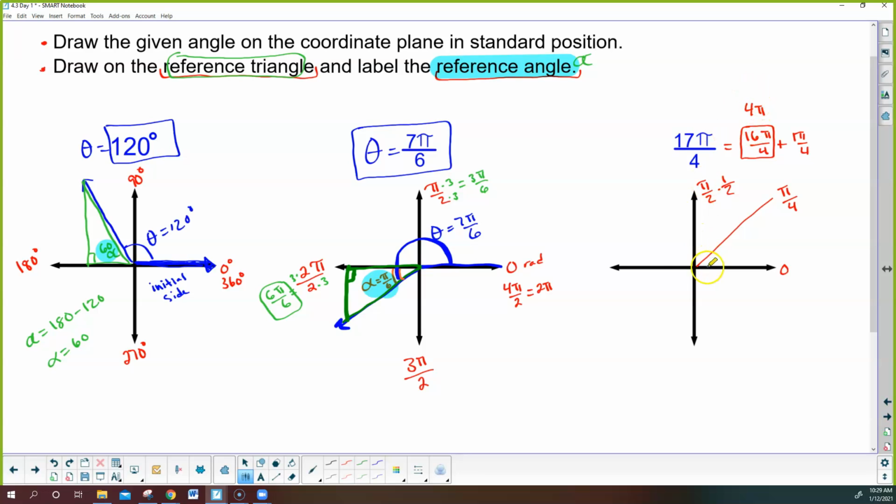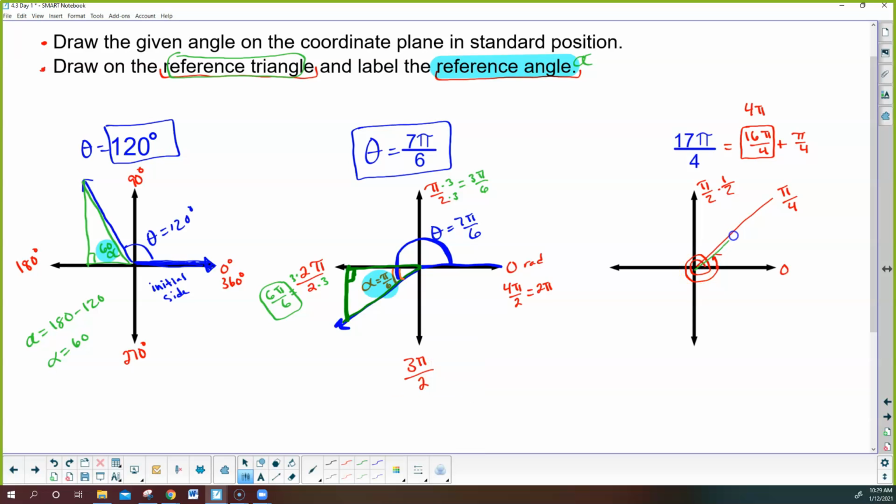And 4 pi is twice around the circle, because once around the circle is 2 pi. So if I go twice around the circle, I'm basically going to go from here to here, and then all the way back again. And then I just have to go the extra pi over 4. So that's just going right back up here to pi over 4.